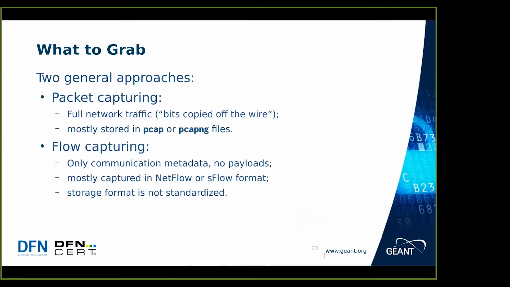So in principle, there's two things that we can consider grabbing, right? One is get the entire network traffic, all the bits that are coming through the wire. Just store those things, write them out in what's called packet capture files. The format is usually PCAP or PCAP next generation, PCAP NG.